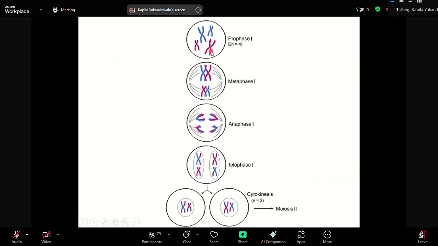Here 2n during metaphase, they arrange on the equatorial plate. Then the chromosomes will move to the poles and form two nuclei. Those are n. The mother cell is 2n, but these are n. Then these will undergo the second division and produce another two cells.